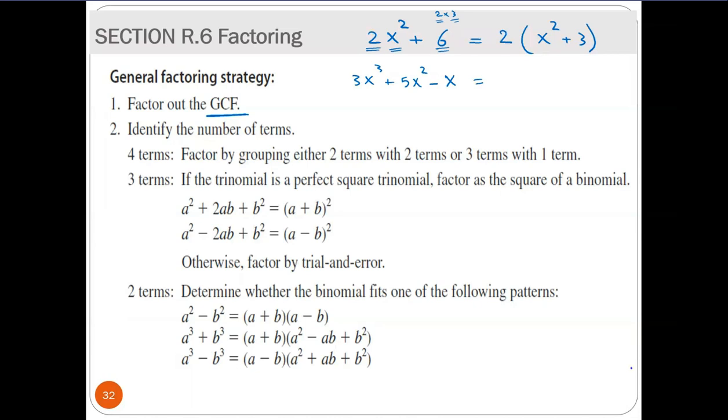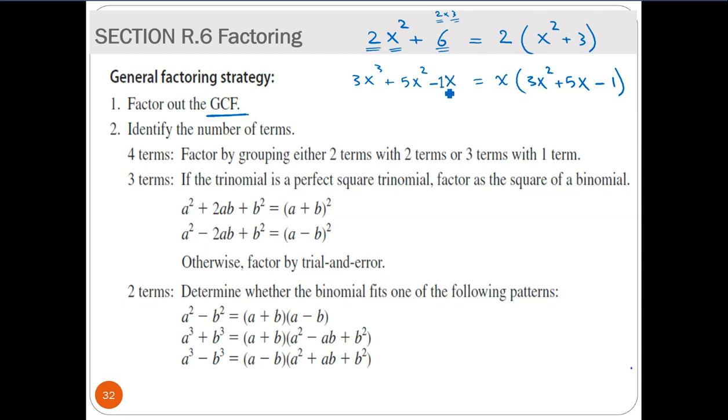We don't usually take the greatest exponent, because here we have 3x, here 2x, but here only x. So what is common? Only one x. We can't take x squared because the last term has only one x. So we have x, and so we have 3x squared plus 5x minus 1. If you take x as common factor, the coefficient is still 1.